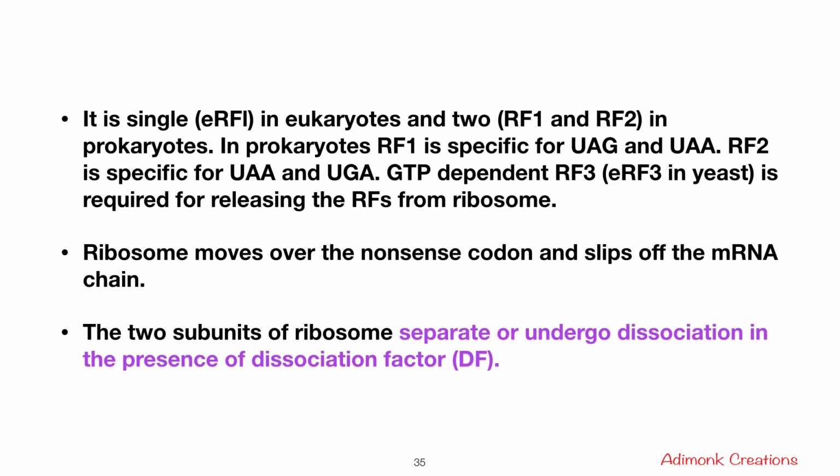GTP dependent RF3, or eRF3 in yeast, is required for releasing the release factors from the ribosome. The ribosome moves over the nonsense codon and slips off the mRNA chain. The two subunits of the ribosome then finally separate, or undergo dissociation, in the presence of a dissociation factor known as DF.